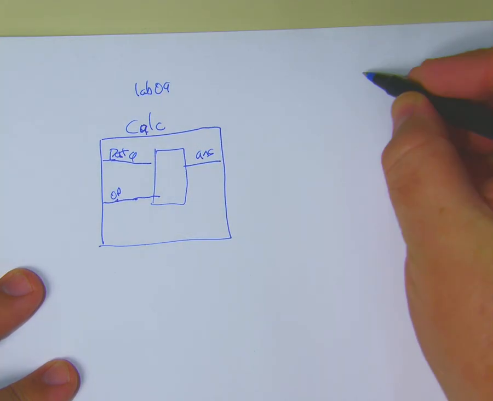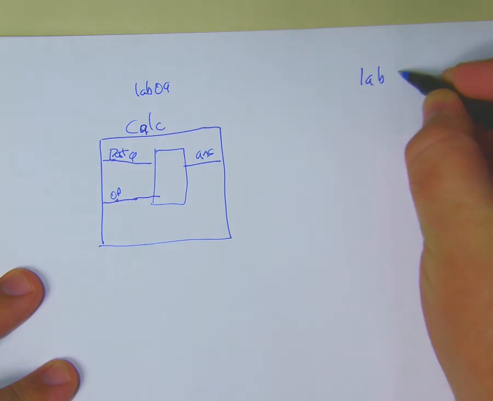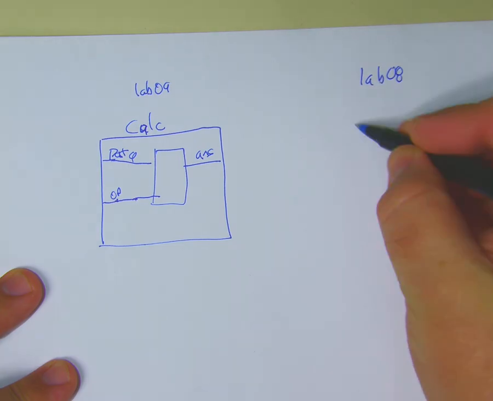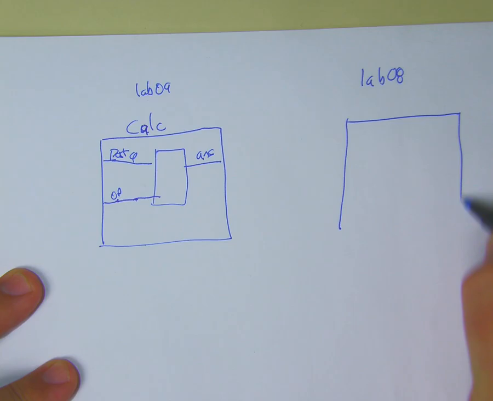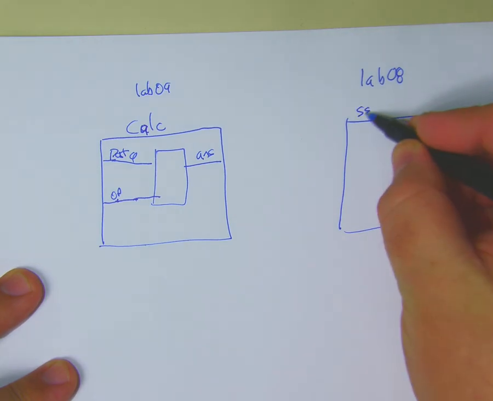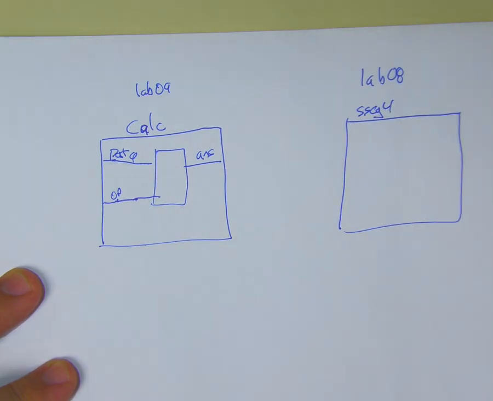Now on lab 8, you had basically a 7seg 4 module. And as its output, it gave you all the 7seg requirements. It gave you seg, and it gave you DP, and it gave you anode.